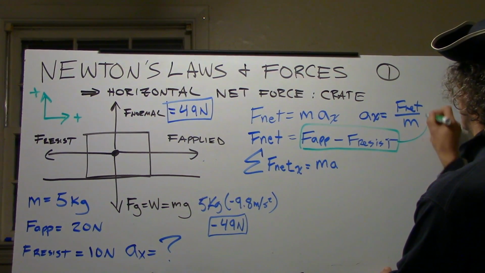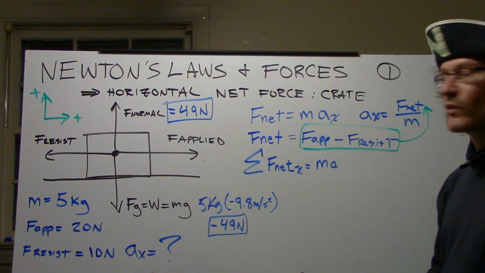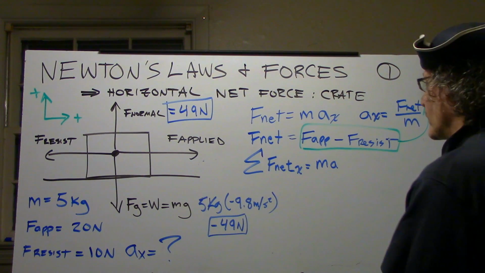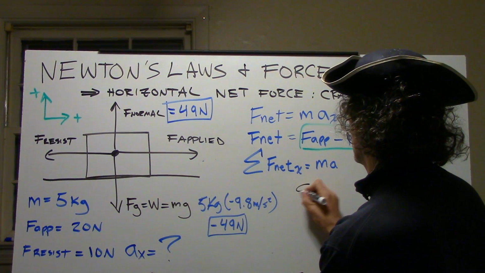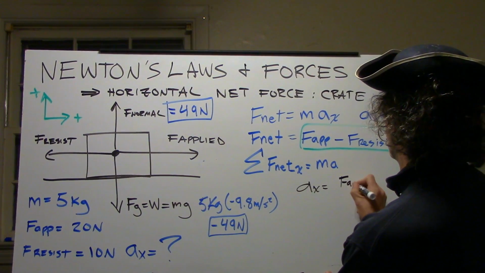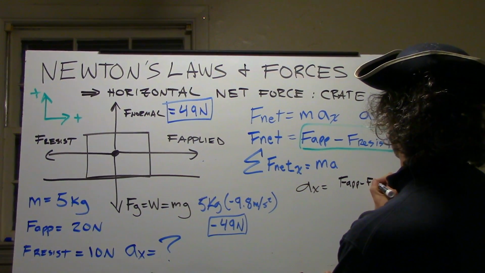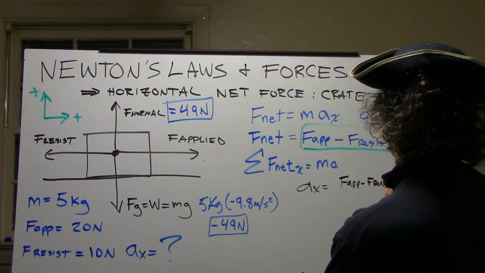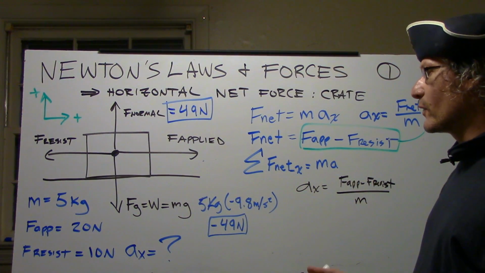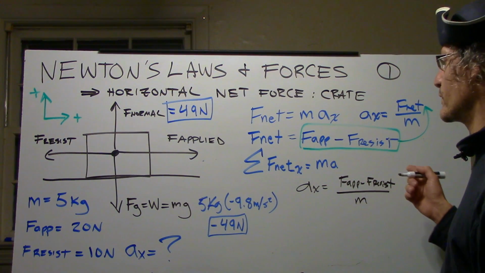We would substitute that into here for the final equation. So AX, if I were to write it down in total, which I will, AX equals force applied minus force resist over M.